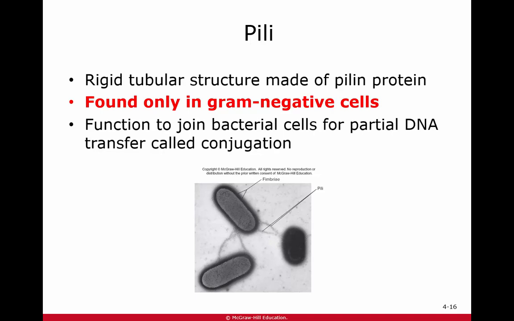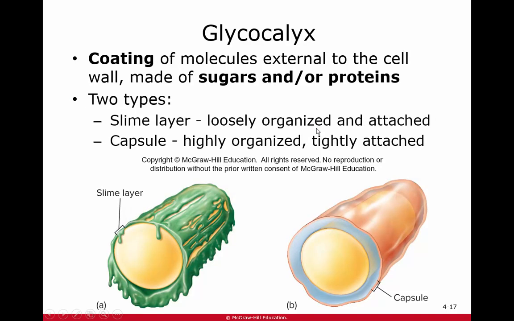But this is how that new cell becomes genetically unique, because now it has different DNA in it than it had to begin with. And so this is basically how bacteria or prokaryotic cells do sexual reproduction. Again, the only ones that have a pili are your gram-negative cells.